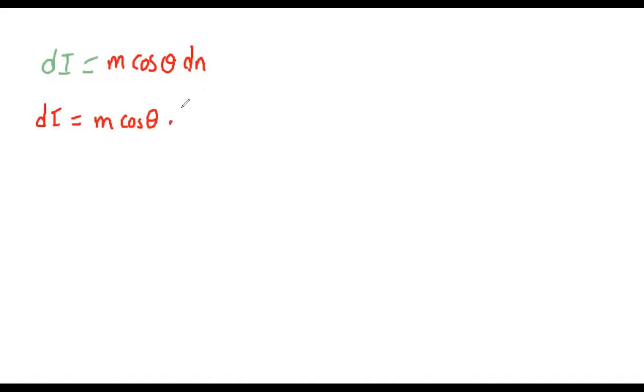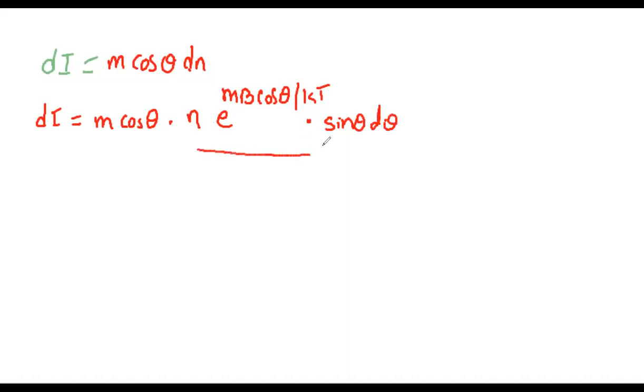N into e power mb cos theta by kT, into sin theta d theta, by the integral. So this is entirely the dn value.